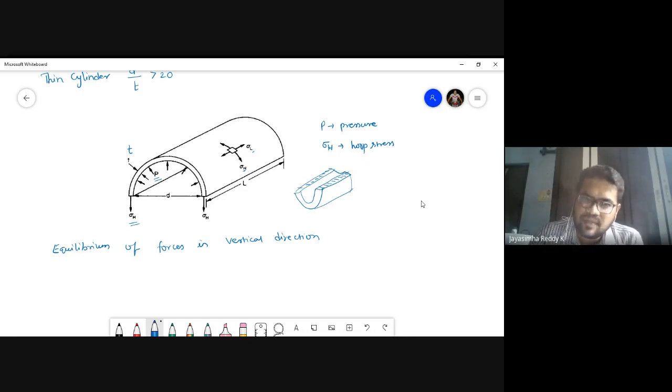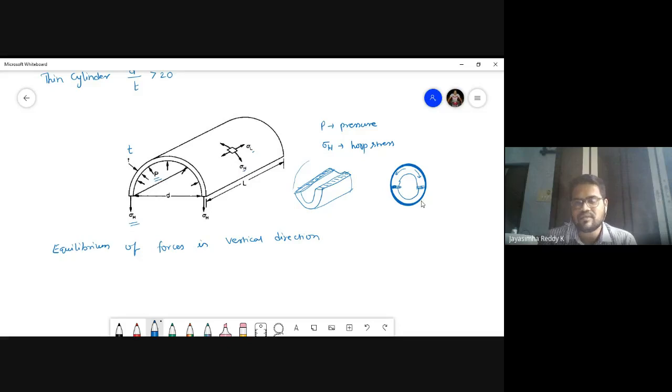There will be strips like this at the top end also, right? So this entire hoop stress will be acting over these strips. Is it clear? If you imagine this as a round, all the hoop stresses will be acting at this part.